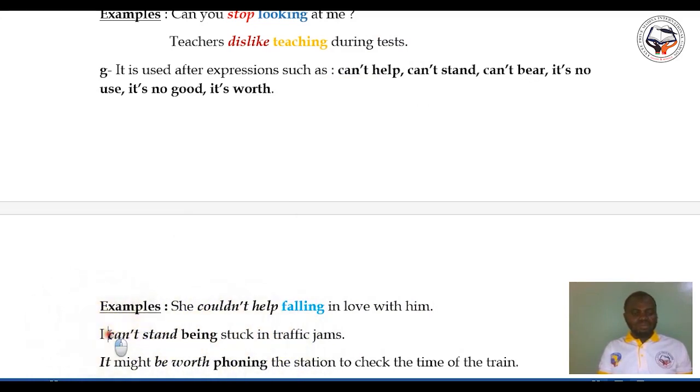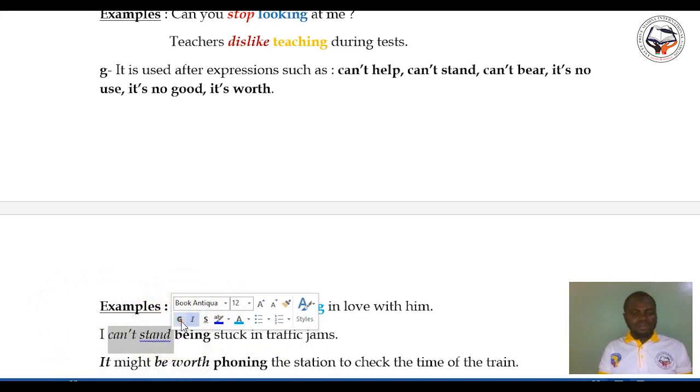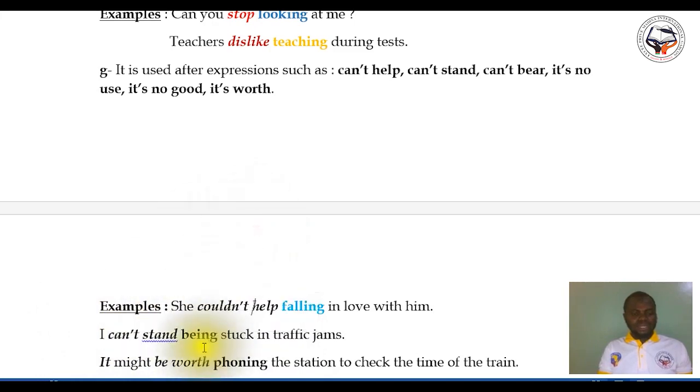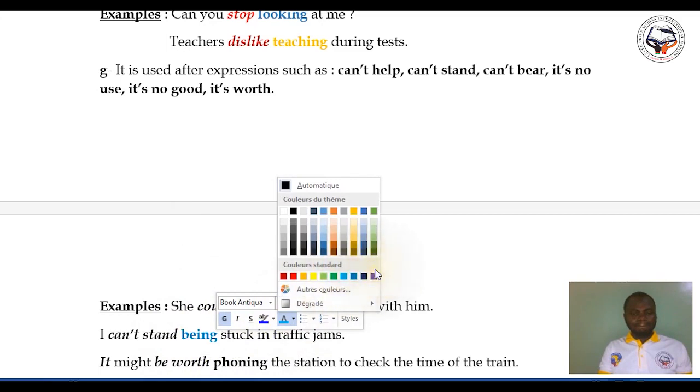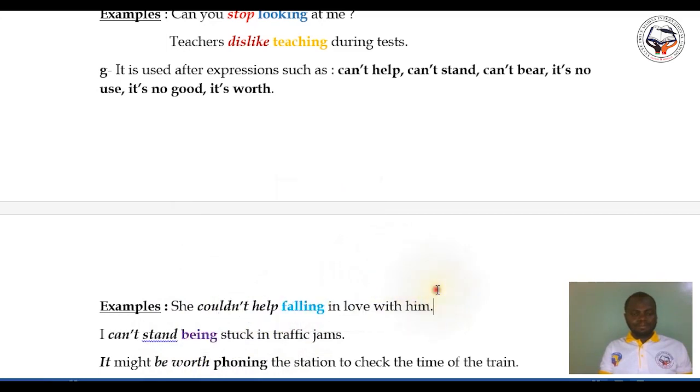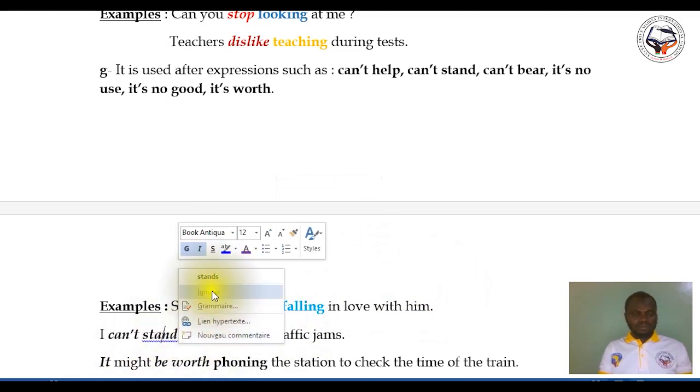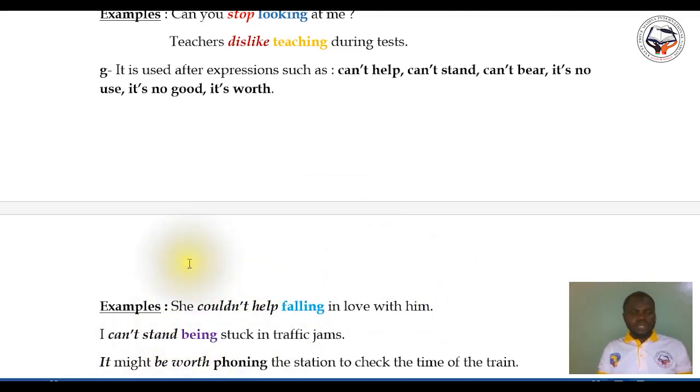Let me put the expression in dark and being in color. Okay, I can't stand being stuck in traffic jams.